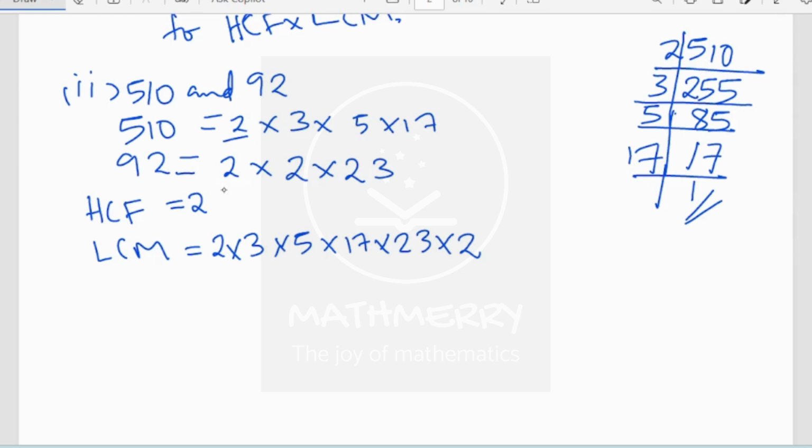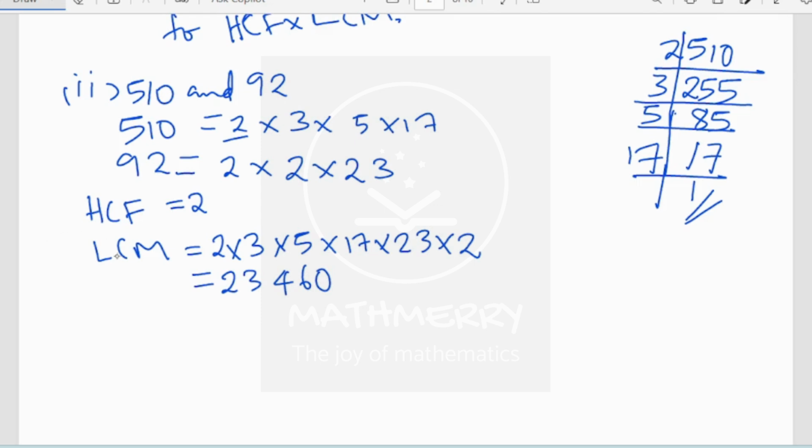So we take one 2 from both. Now we have an extra 2, we should consider that also. So 2 will come 2 times, and we have 3 into 5 into 17 into 23. Now on multiplying, we will get 23,460. So that's our LCM, and our HCF is 2.